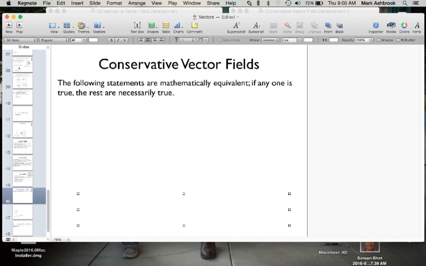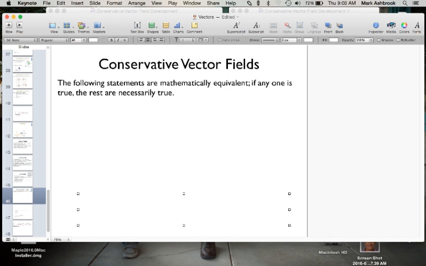Okay, and the next thing we said was path independence. So the vector field is path independent. For any 2 points A and B in F, your line integral is constant for every path C from A to B. Change A or change B or change both, you're going to change the value of the integral.